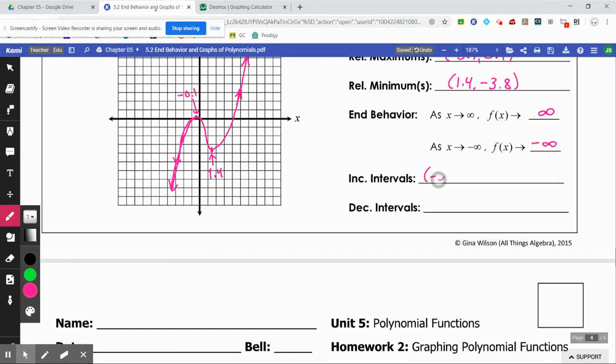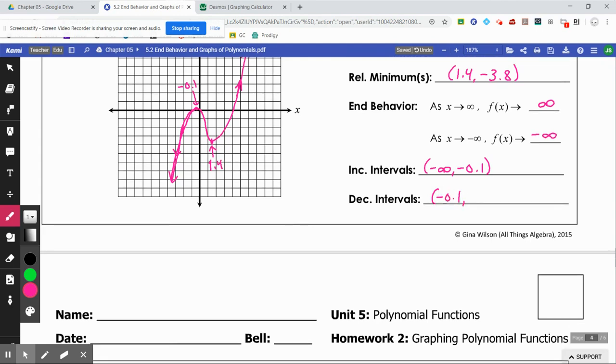So it's increasing from negative infinity up to negative 0.1. Then it has to start decreasing if that's one of our local maximums or mins. And it decreases until it gets to this point, which is 1.4. Then it starts going back uphill again. And at 1.4 on forever, it does increase.